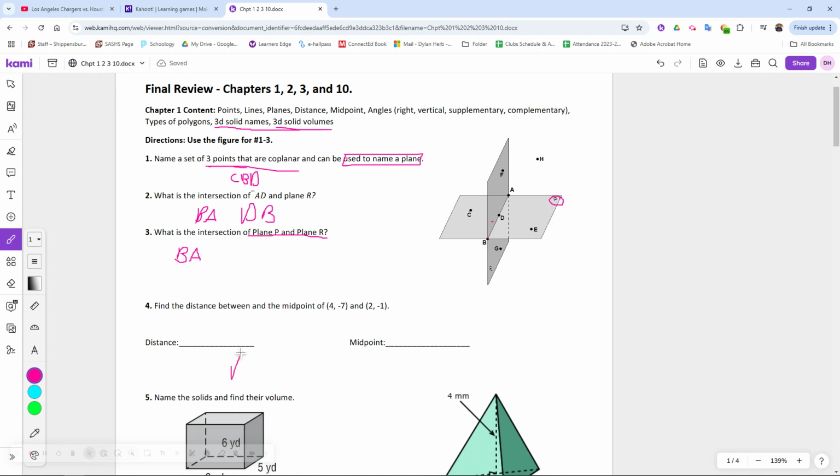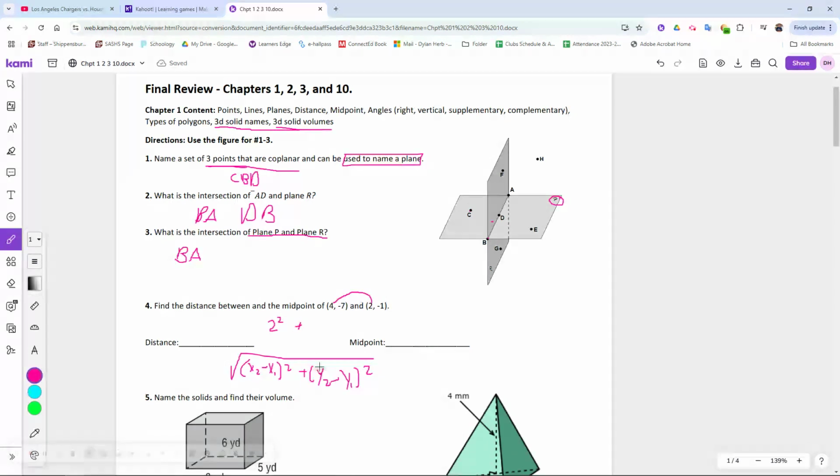Number 4, distance formula. The distance formula is the square root of the changes in x. So we had x2 minus x1 squared, and then plus the changes in the y. So y2 minus y1 squared. The way I do this is I first change in x, I just say how far apart is 4 and 2. That's 2 apart, so I use 2 for this part of my formula, so that'd be 2 squared.